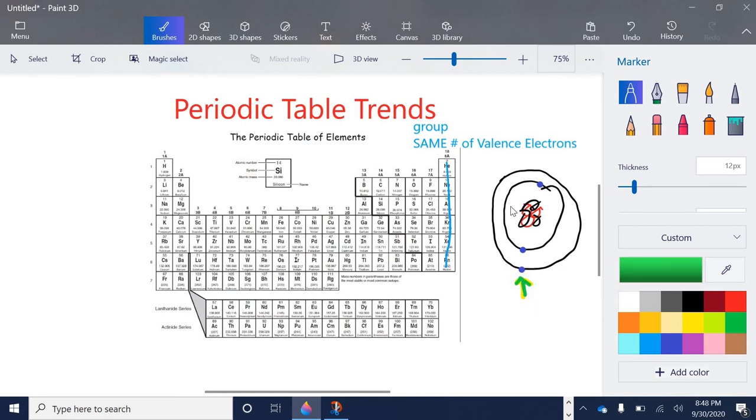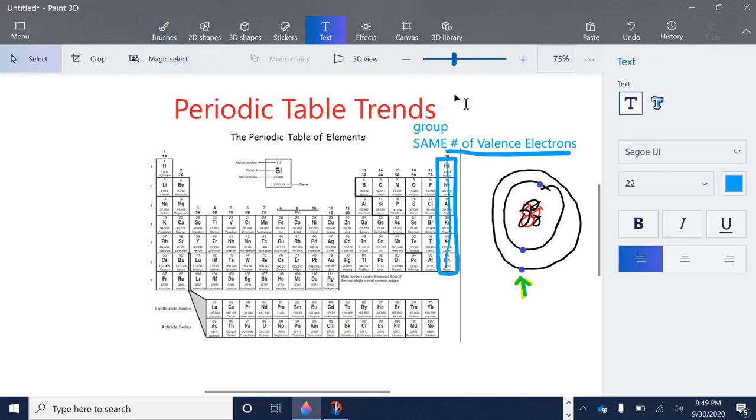Because of that, things in the same group, the same column, with the same number of valence electrons, have very similar properties, both physical and chemical. So, same valence electrons means same properties, or at least very similar properties.